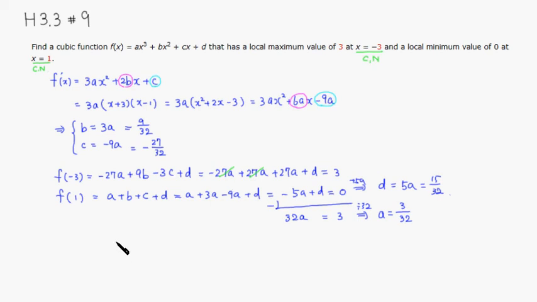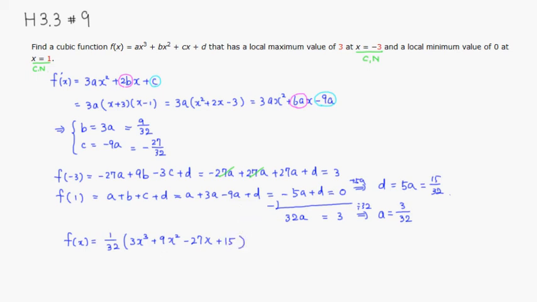So f of x is going to be equal to 1 over 32 outside, times 3x cubed plus 9x squared minus 27x plus 15. Alright, so we got that.